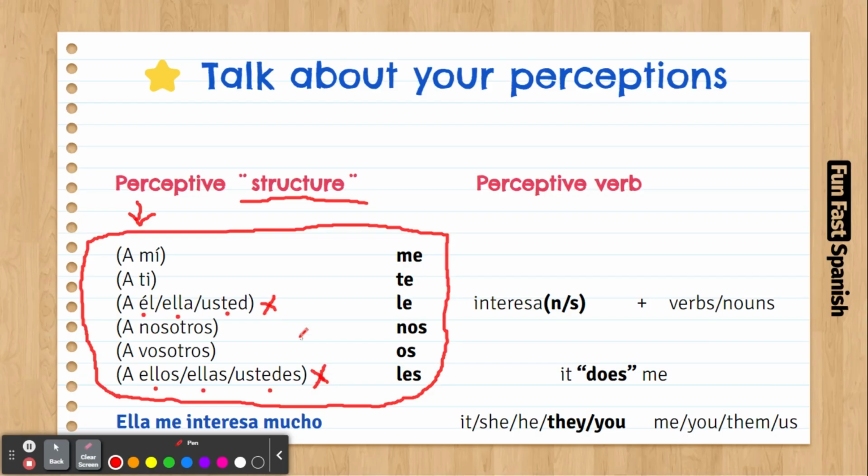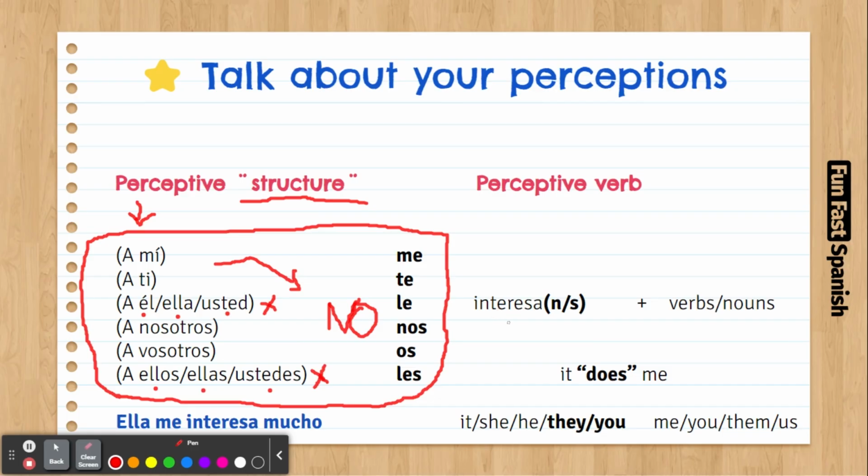Now, this is the structure. This is what we always put before. If it's a negative sentence, we are always gonna put the no right before the personal pronouns. And now we're gonna talk about the verb that comes after. There are many verbs, right?